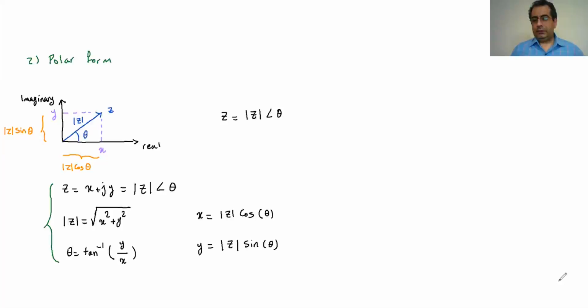So, a very quick example. Assume, for example, I have z, which is 5 with the angle of 30, and I want to convert that to z in the format of x plus jy. How will I do that? It's usually much easier if you draw it, so it gives you some idea of what you are looking at.